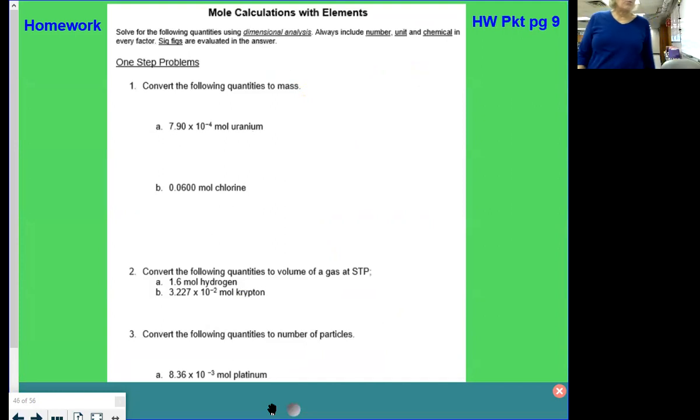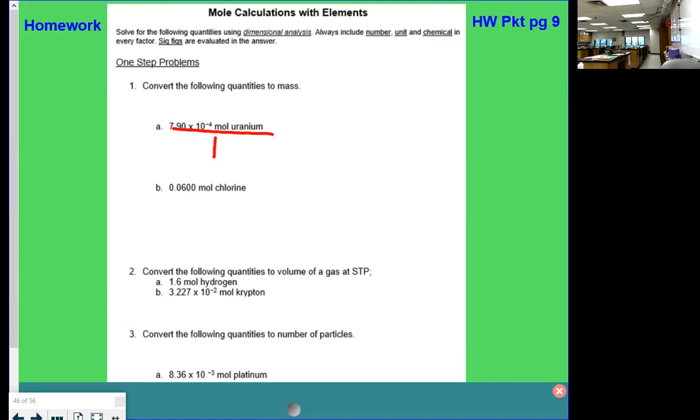Now this is on the homework sheet, and this homework sheet is just a smidge different in that I give you a different part of the problem. Number 1A on the homework sheet, convert to mass. If I give you moles of uranium, how do you convert that to mass? So I would do it right here. Just put that over 1.